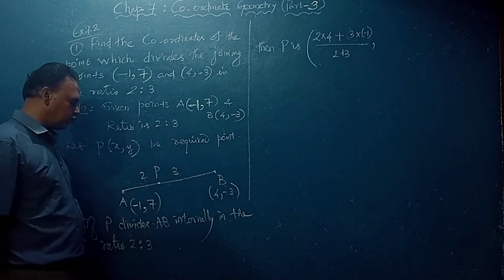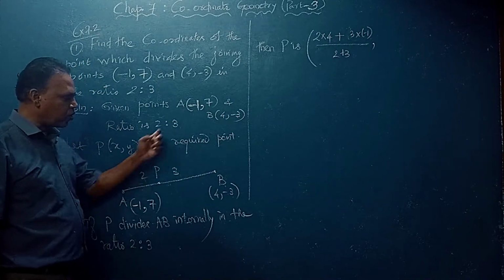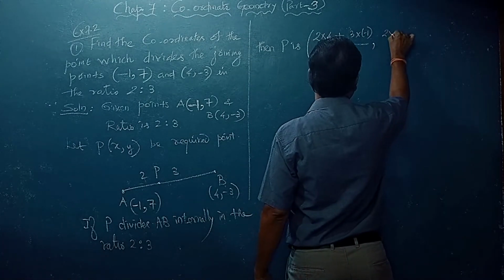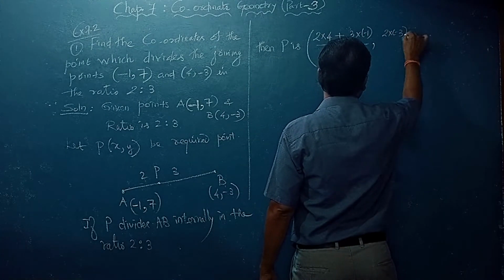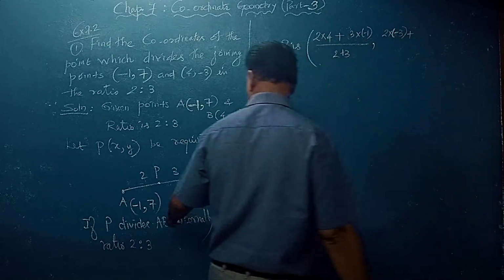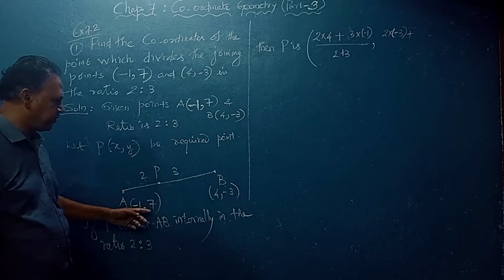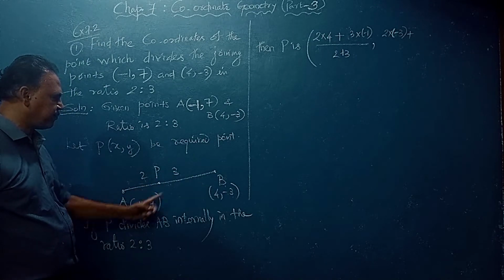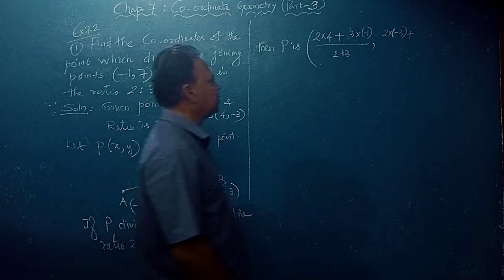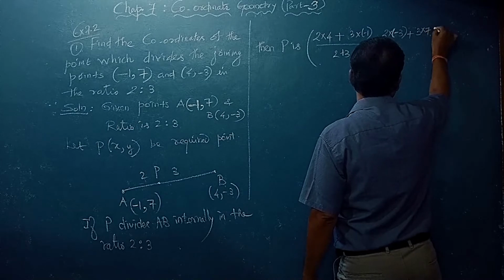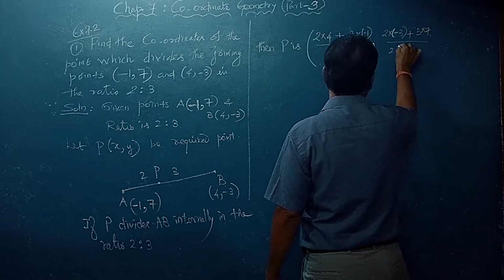In the same way for the y coordinate: 2 into minus 3 plus 3 into 7, all divided by 2 plus 3.